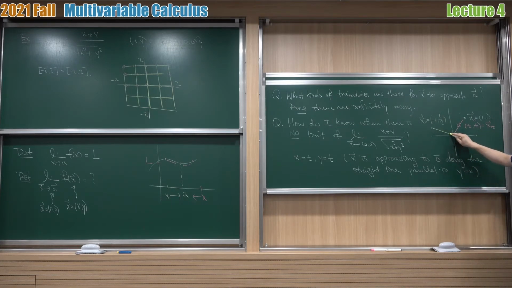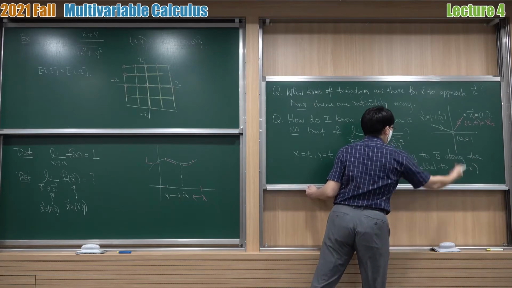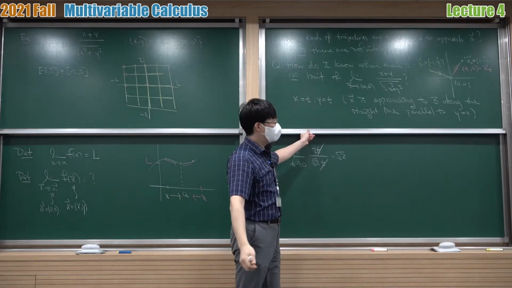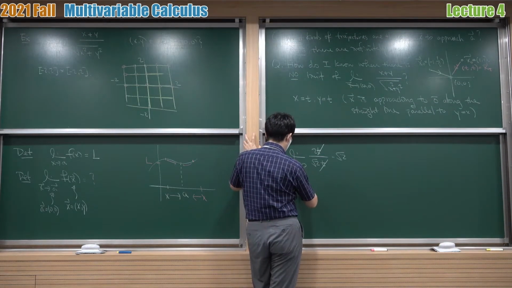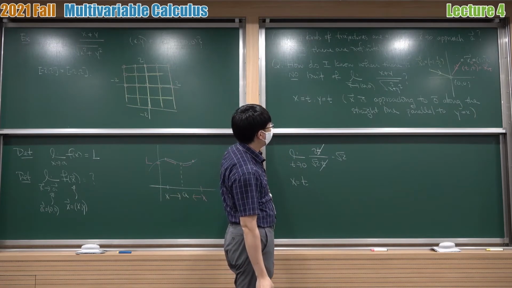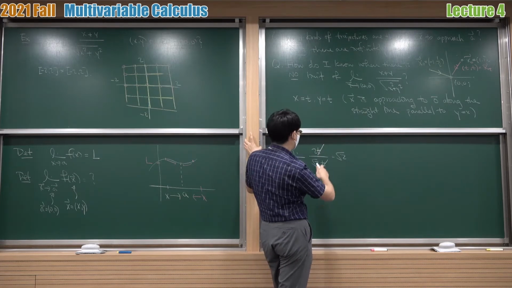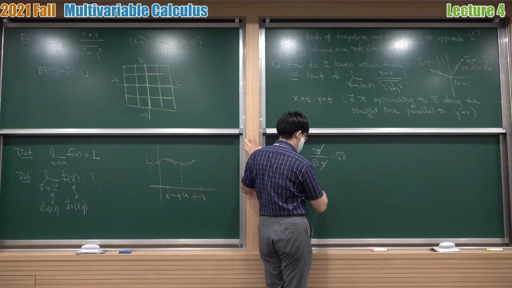Okay, and then I'm moving my point from here to here. So let's take this path. It's the same straight line, but it's going to be a different formula for x and y. So when t goes to 0, I want to have that point.